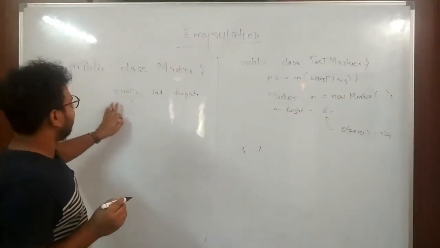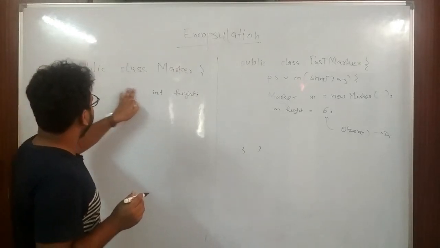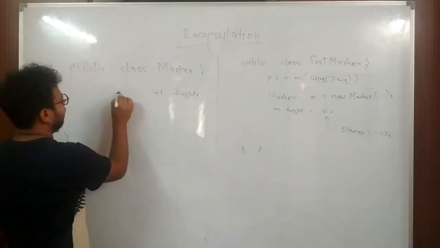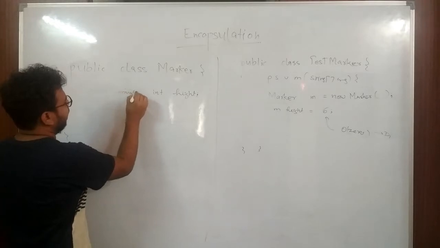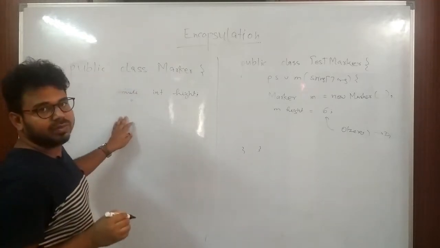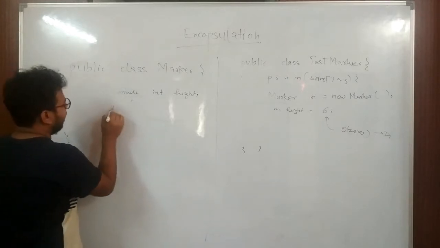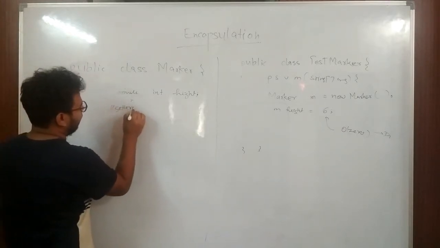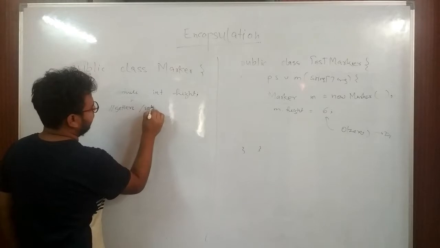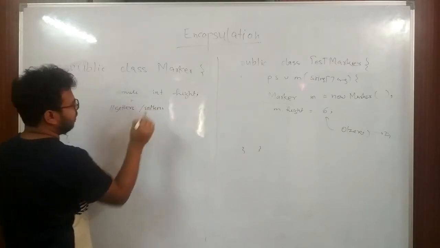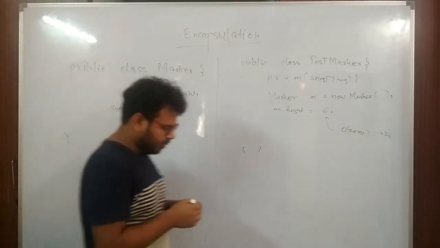So what we have to do is make it private, and we should always provide the getter and setter methods. Okay. So what are getter and setter methods?